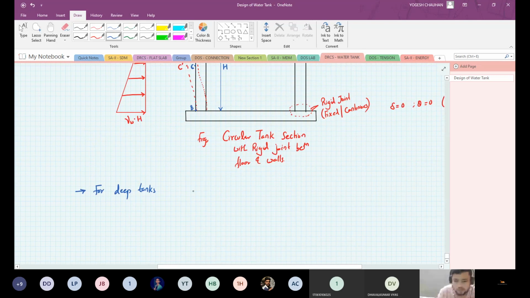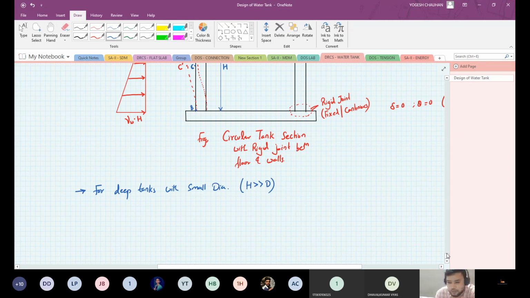For deep tanks with small diameter, that means your H by D ratio is much greater, or we can say H is much greater than D. In these tanks, the hoop tension will be predominant, and the cantilever action will be very small.